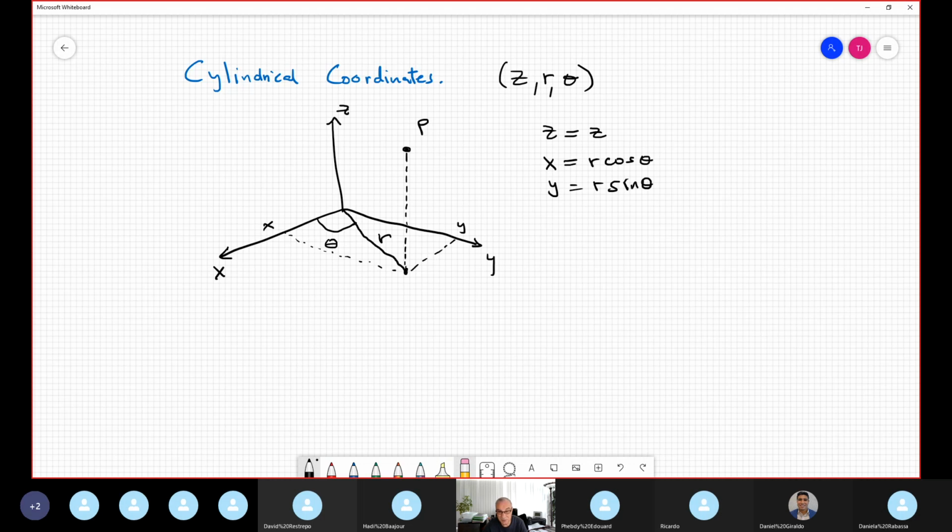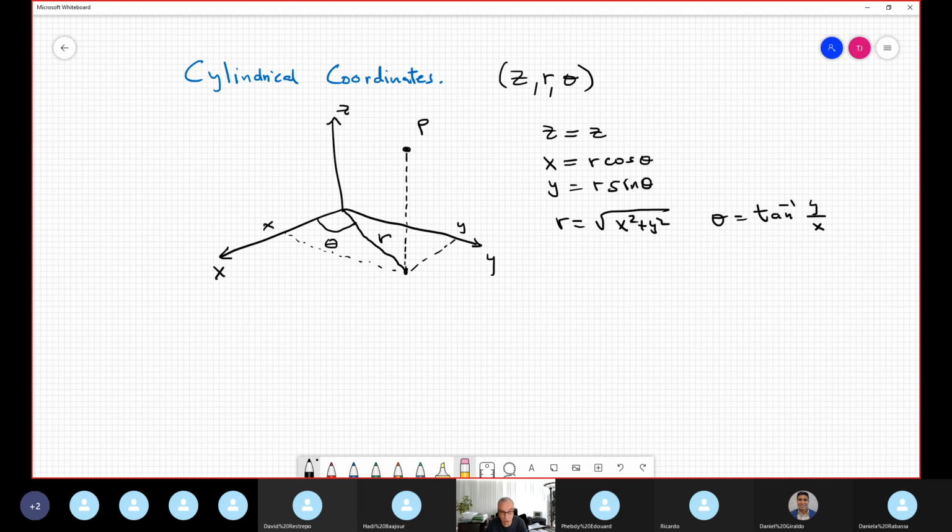And r is equal to the square root of x squared plus y squared, and theta is the tangent inverse of y over x. This is polar, but polar in 3D.